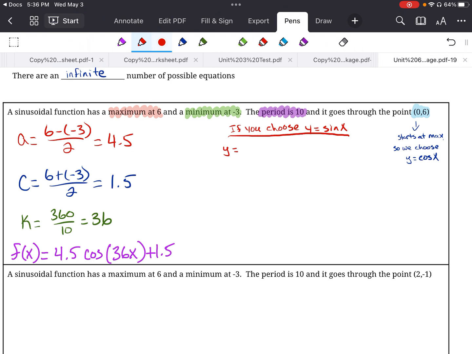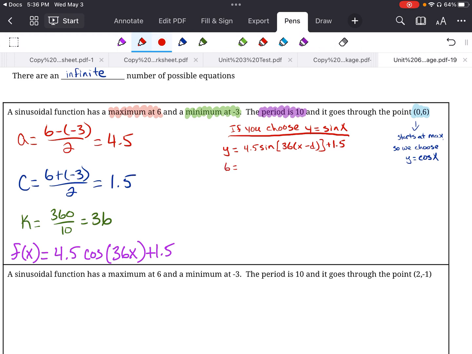We're going to use our equation that we just created. We're going to change cos to sine, and we're going to add a phase shift that we don't know. But we do know that it goes through the point 0, 6, which is an x and y.